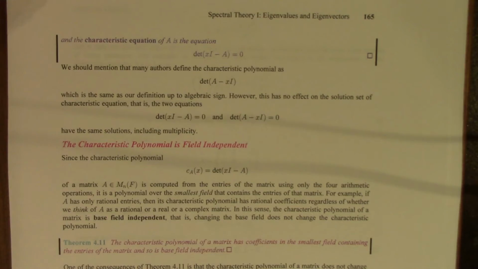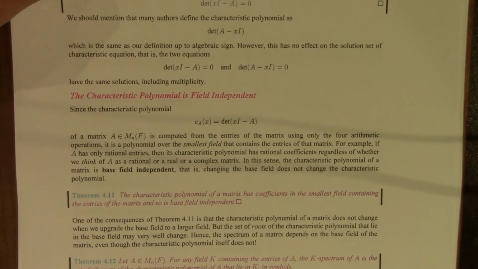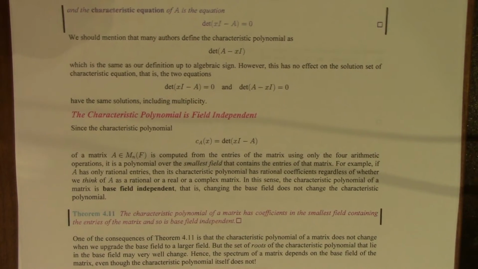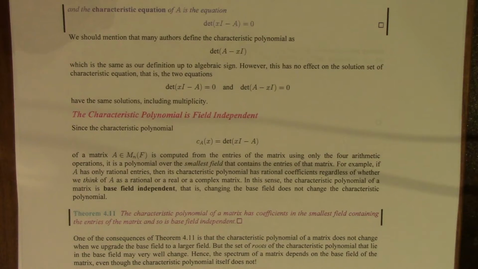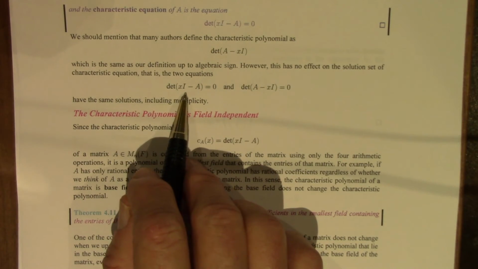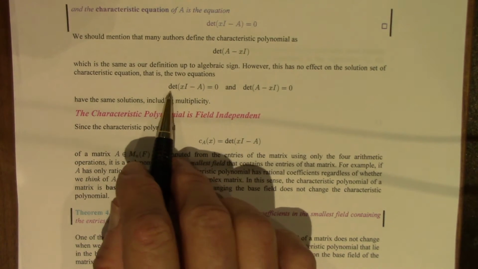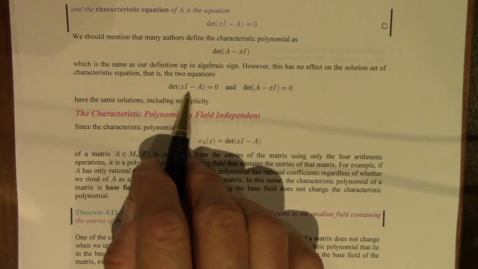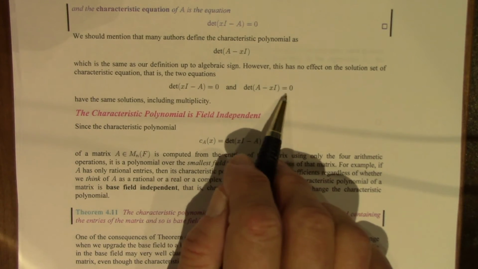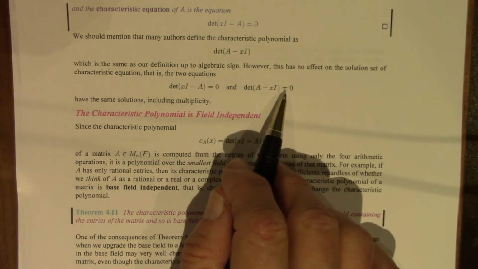So the two characteristic polynomials are the same up to algebraic sign, and so that has no effect on the solution set of the characteristic equation, which is the important issue here. Determinant xI minus A equals 0 and determinant A minus xI equals 0 have the same solutions, including multiplicity.